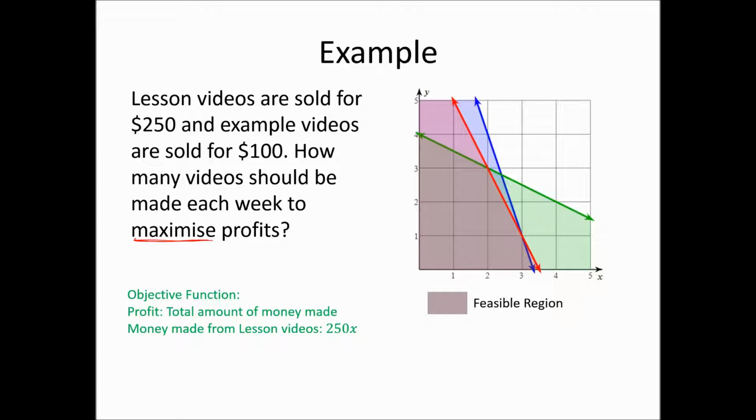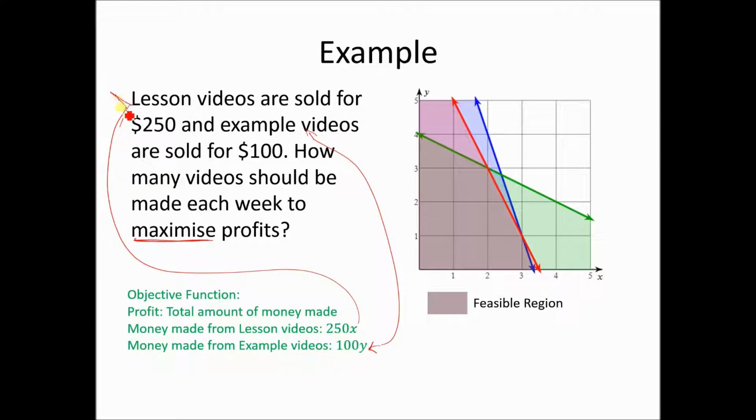So the money that's made from the lesson videos is 250x. And the money made from the example videos is 100y. Again, y is our decision variable, the number of example videos, and x was the number of lesson videos.